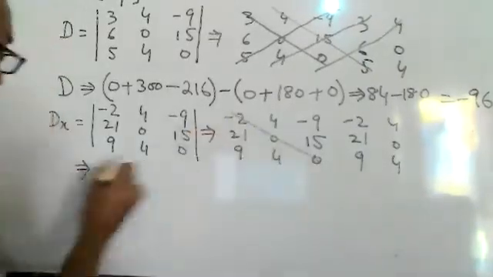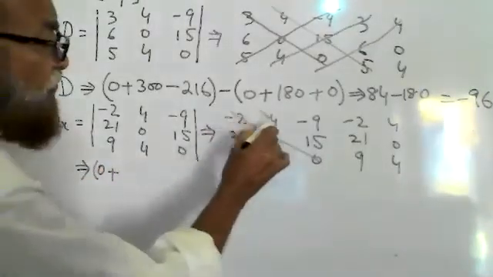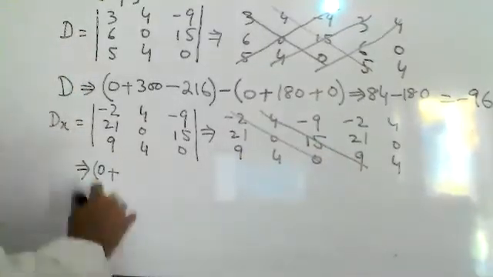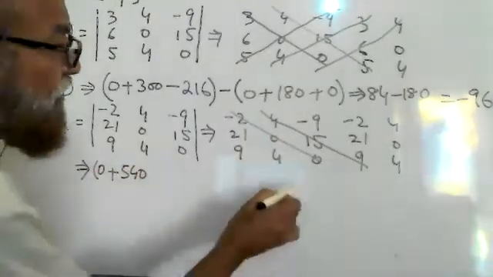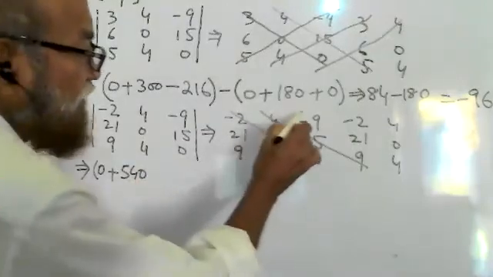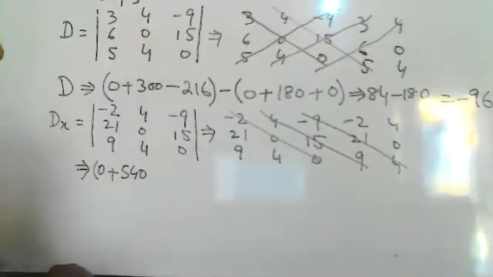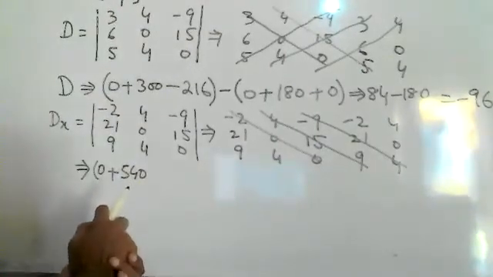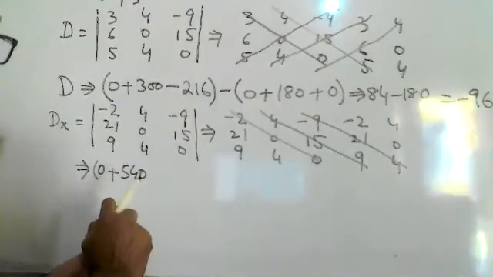-2 into 0 into 0 will be 0, plus 4 into 15 into 9, 4 into 15 will be 60, 60 into 9 is 540. Then -9 into 4 into 21, -9 into 21 will be -189, -189 into 4.